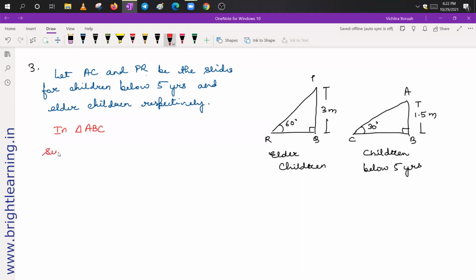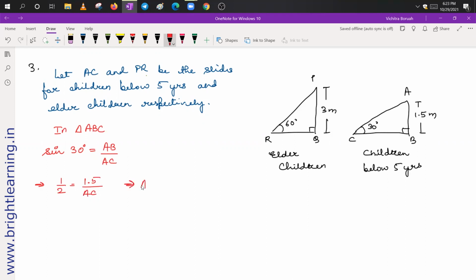Sine 30 degree is perpendicular upon hypotenuse. In this triangle, perpendicular is AB and hypotenuse is AC. Sine 30 degree we all know the value, which is 1 upon 2. We also know that AB is 1.5 meters, and we have to find the length of AC.